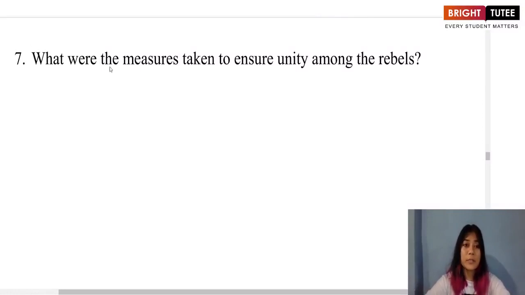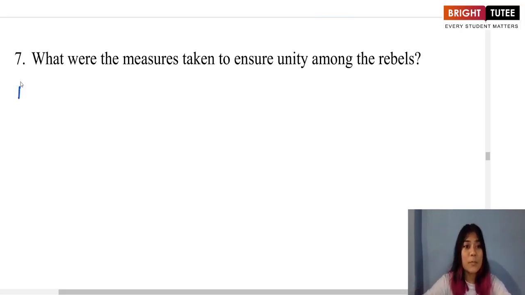Okay, next question. What were the measures taken to ensure unity among the rebels? Now, unity among the Indian rebels was one of the significant features of the rebellion of 1857. So, what were the measures that ensured that unity among the rebels remained like that?